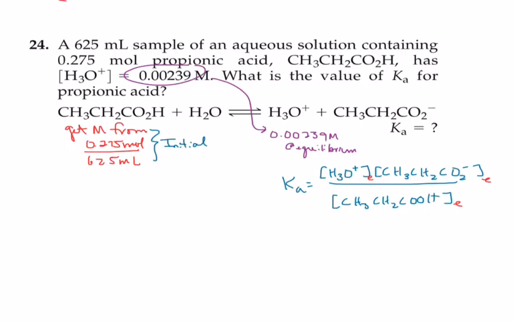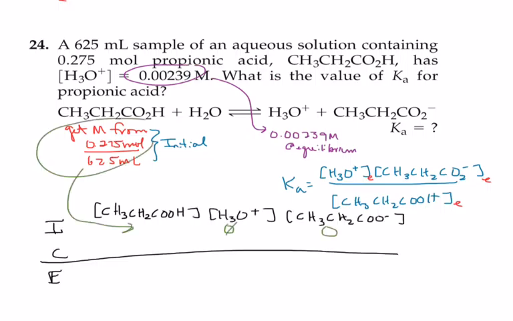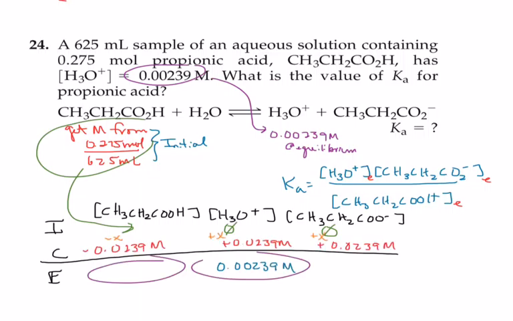So I would work it with an ice table. If you don't work it with an ice table, you need to show your quantities, show all additions and subtractions, and how you got your equilibrium concentrations. So it's just very similar. Okay, yep.